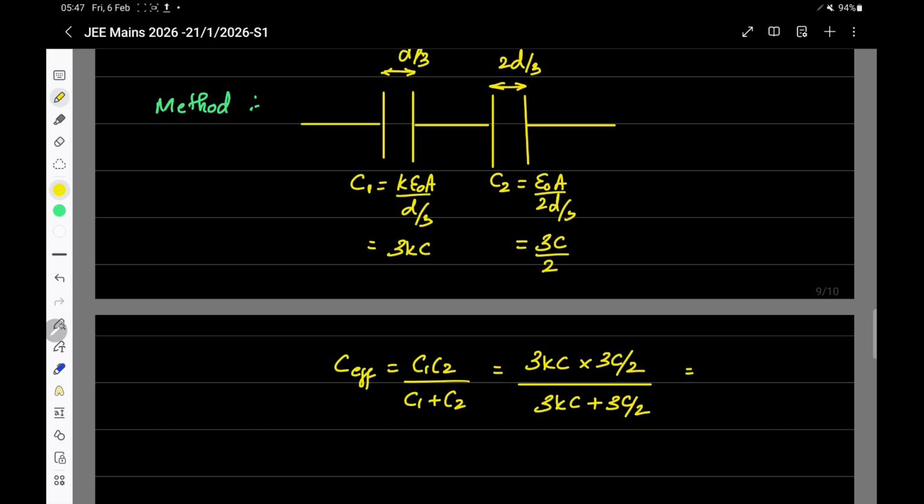You can take 3C common everywhere and cancel out the unnecessary terms. One of the 3C's will get cancelled from numerator and denominator, and this will lead you again to 3KC divided by 2K plus 1. Please do not forget to take LCM in the denominator. You will get the same answer.